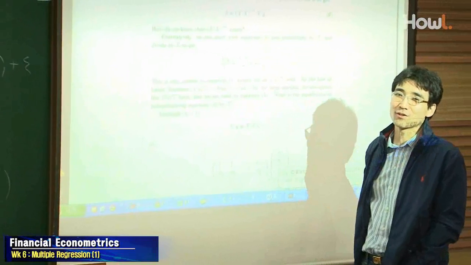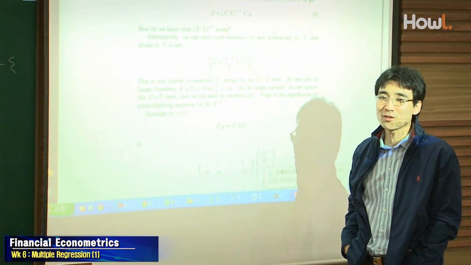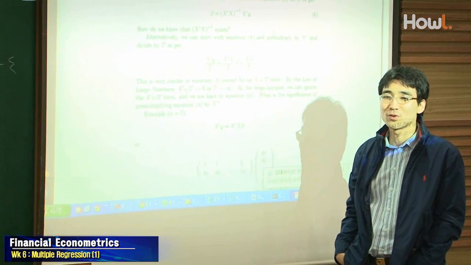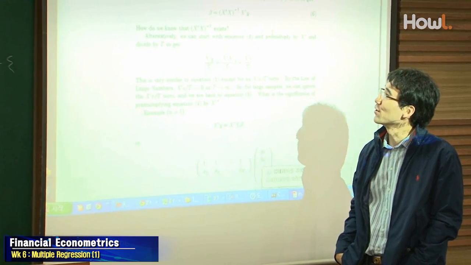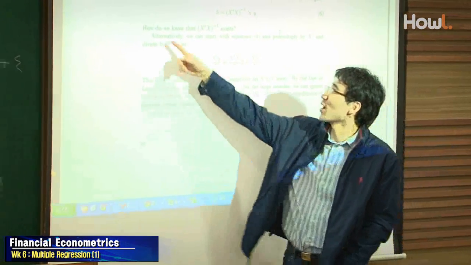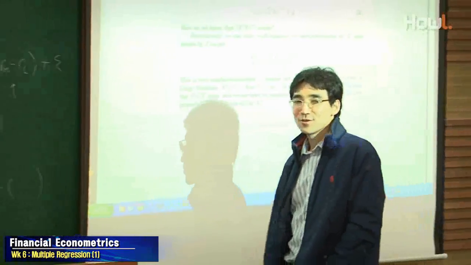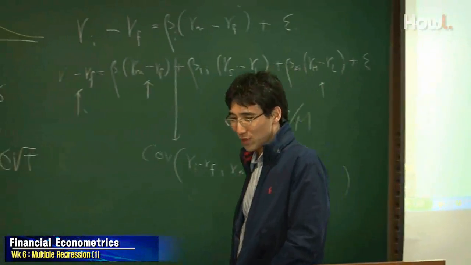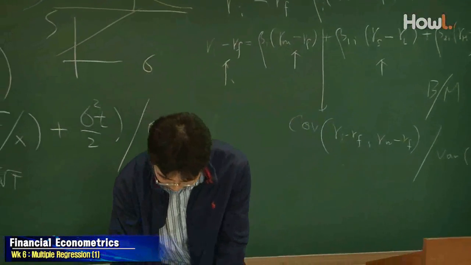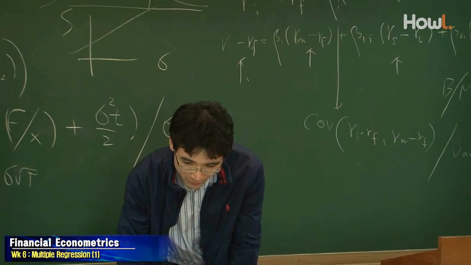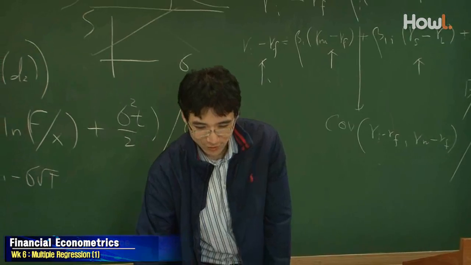And when does the inverse matrix exist? How do we know that it exists? The determinant exists. Yes, so when is the determinant positive? Non-zero. When the determinant is non-zero.